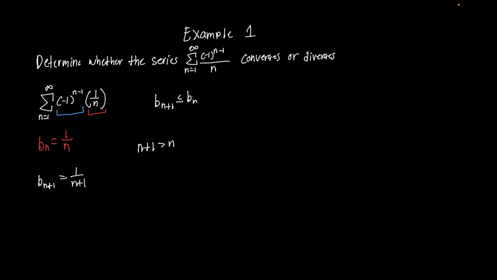If we take the reciprocal, we get 1 over n plus 1 is less than 1 over n. When you take the reciprocal, the inequality sign also flips. So we satisfy this condition: b sub n plus 1 is less than or equal to b sub n.